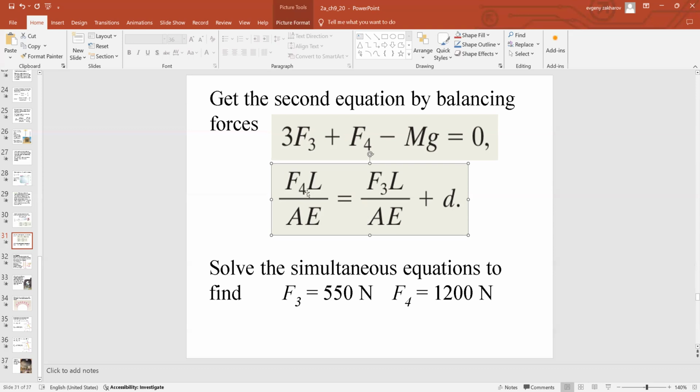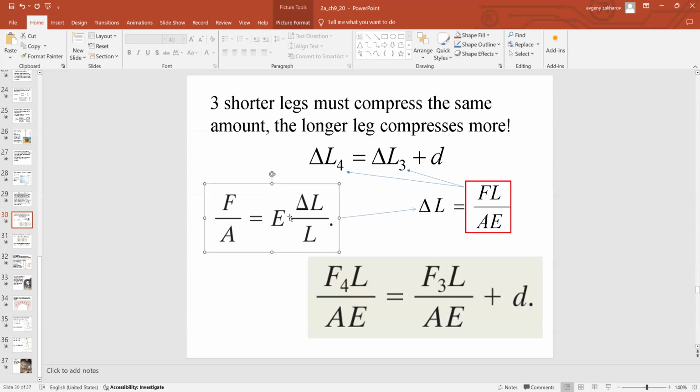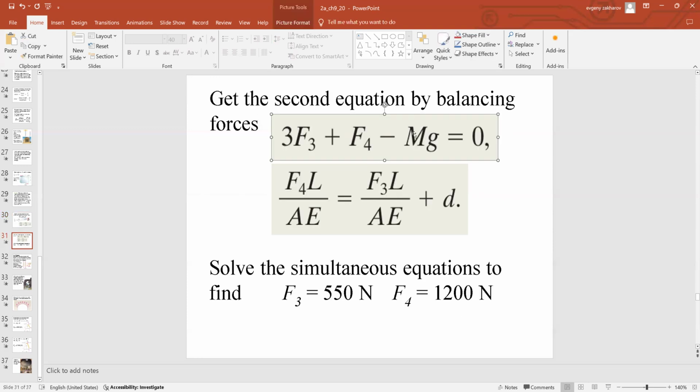F sub 3 and F sub 4 are the unknowns, two equations, two unknowns, easily solved with substitution method or elimination method, doesn't matter. The point is, without the elasticity, without the stress and the strain, you can't really solve it. You have this equation from balance of forces, but you only have one equation with two unknowns. You do need the second equation from elasticity in this case to be able to solve it.